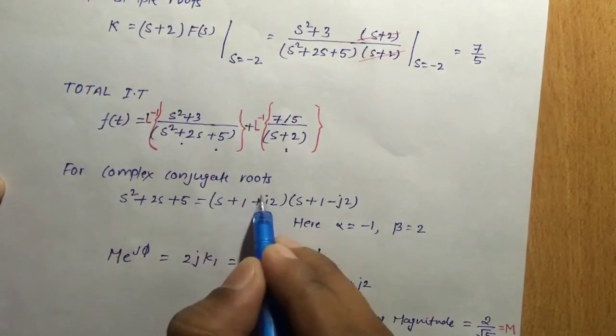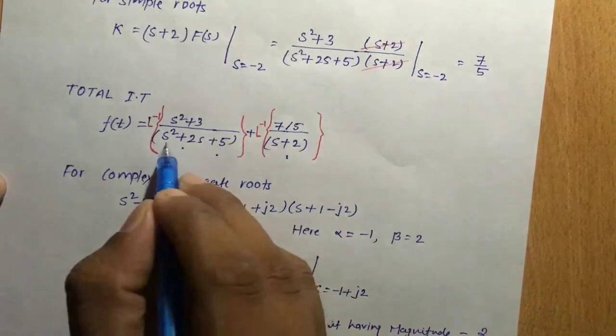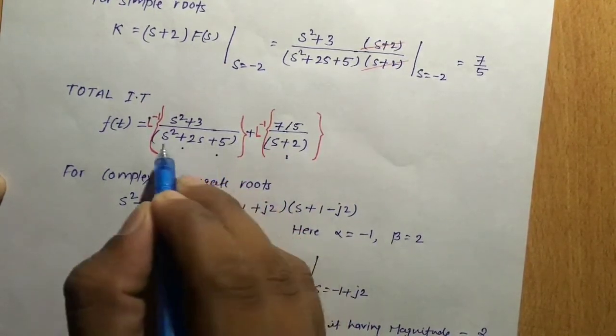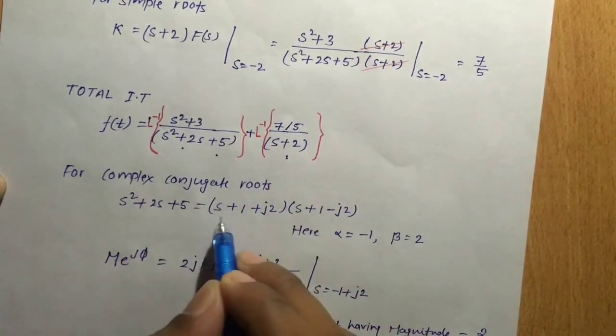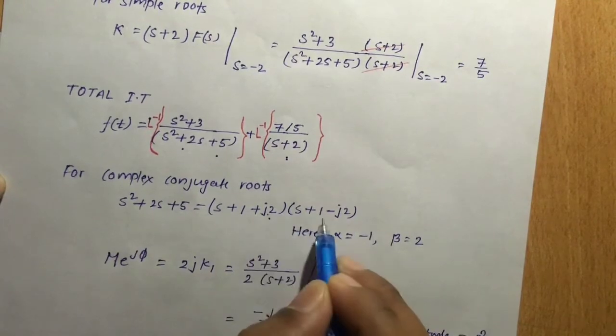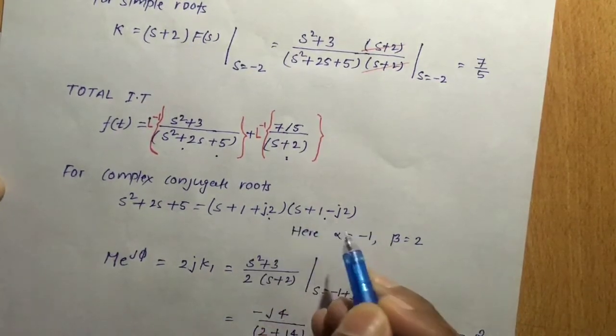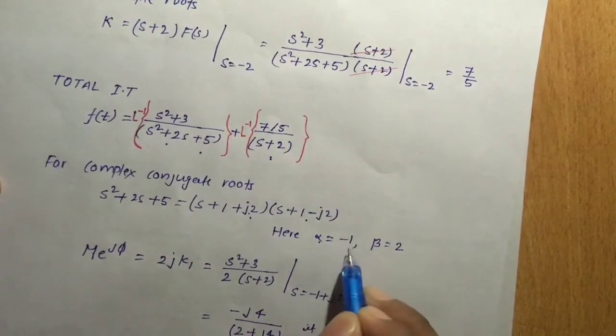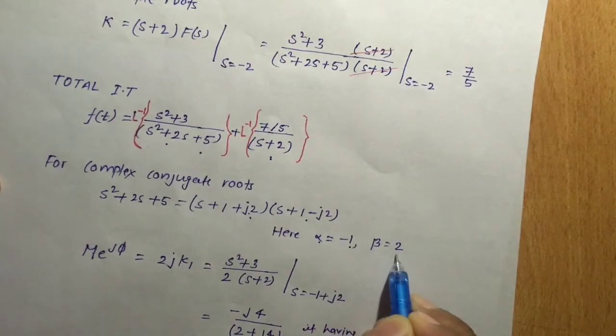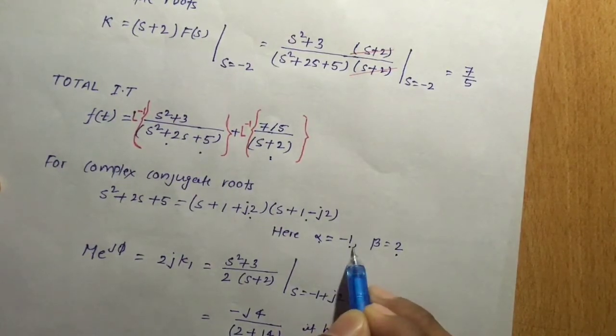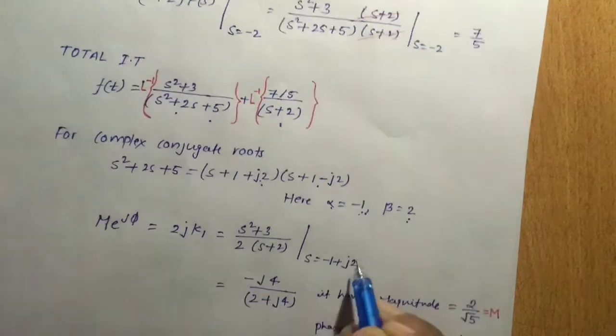For complex conjugate roots, we have to decompose this s square plus 2s plus 5 into this term and its conjugate part. Here we found alpha equals minus 1 and beta equals 2.